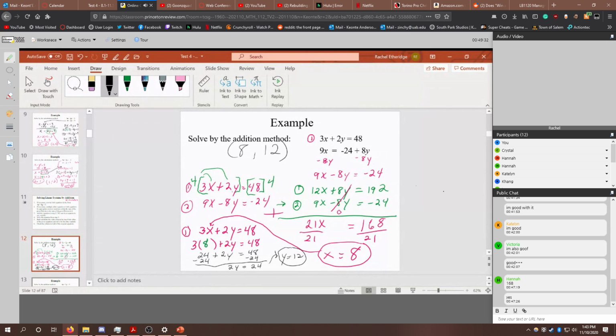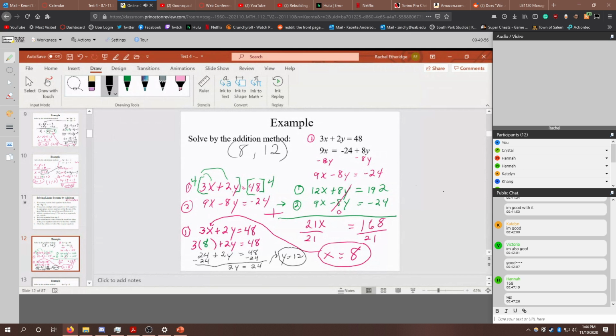So what did I do? I got my equations in standard form. I couldn't just add and eliminate because I didn't have equal but opposite numbers for either x or y. So I had to figure out what I was going to multiply one of my equations by, and I multiply both sides.